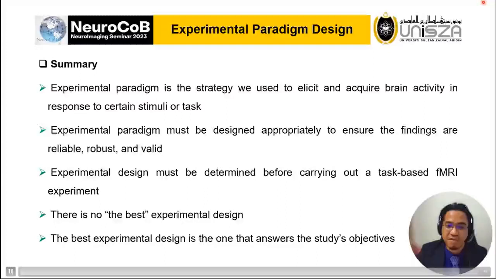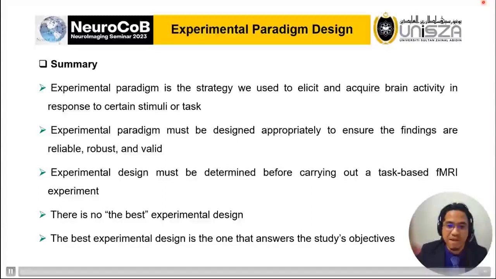Meaning, before you do an fMRI experiment, you need to design first, and don't do the experiment and then design afterwards. Before you do your experiment on the actual participants, it is highly recommended that you test your design on a few subjects, and this is what we call a pilot scan.